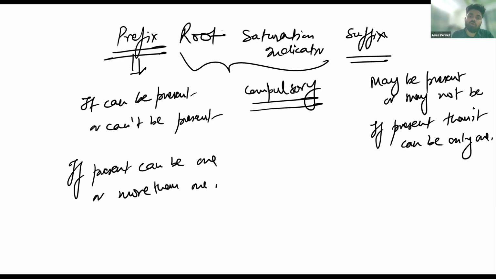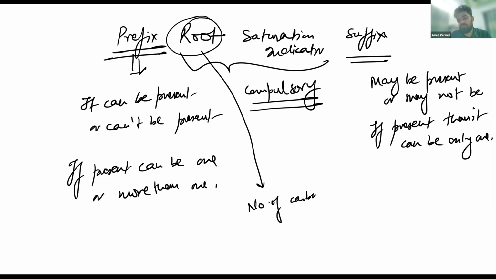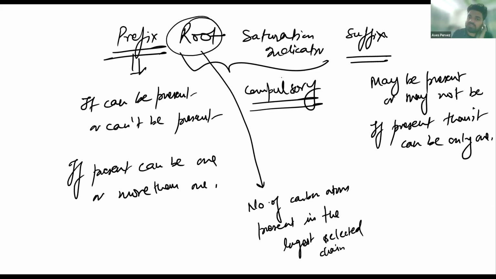What is root? Root is the number of carbon atoms present in the longest selected chain. And what is the saturation indicator?